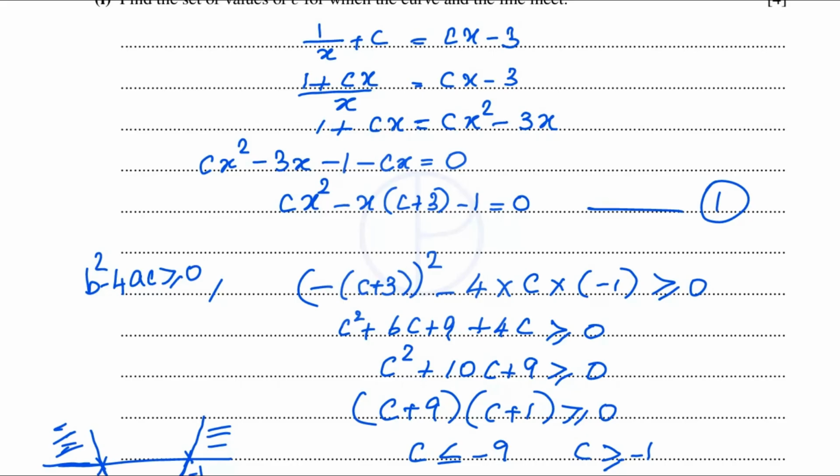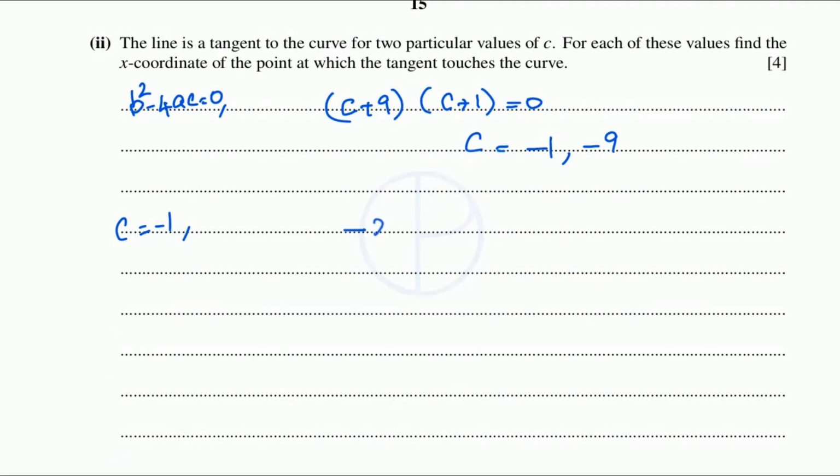So when c is -1, this equation will become -x square, c plus 3 will become -2x, minus 1 is equal to 0. Let's factorize this one. x square plus 2x plus 1 equal to 0.